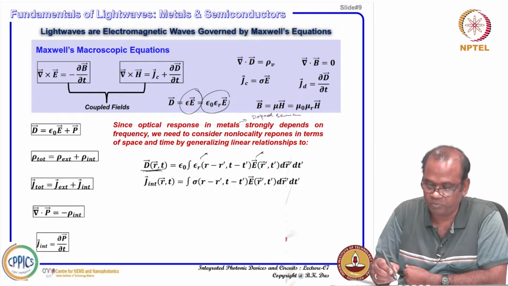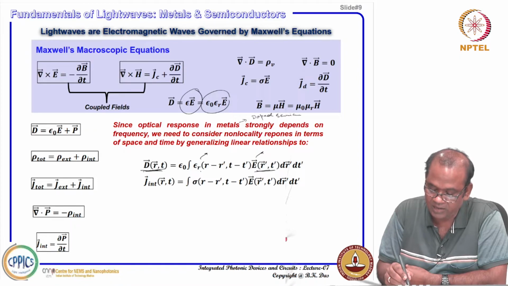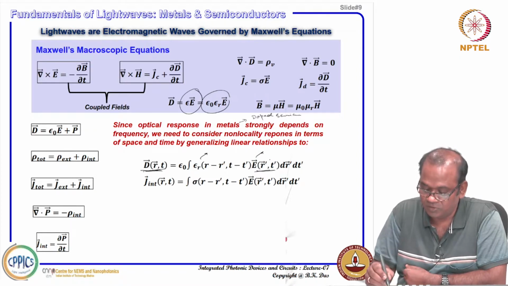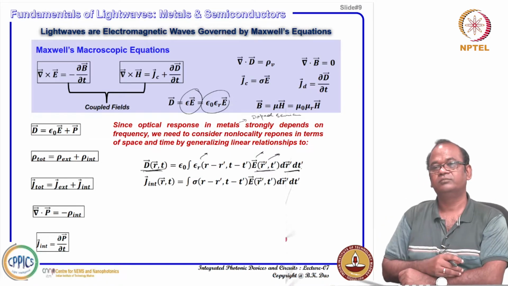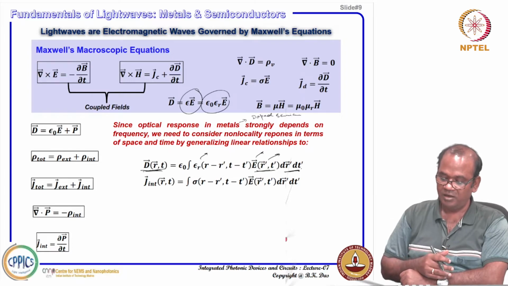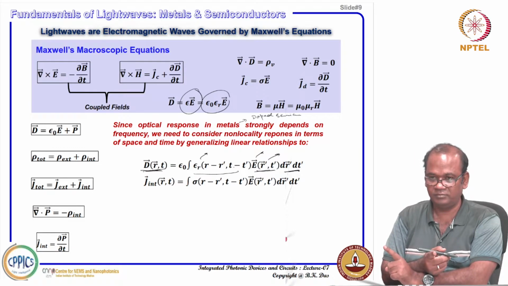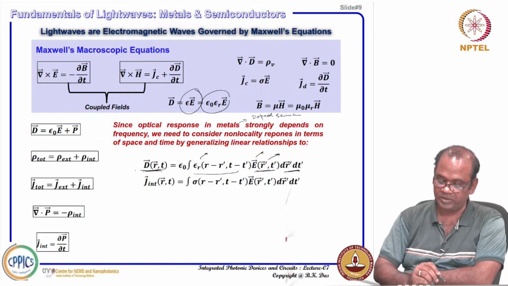The electric field at every other point also contributes. So r prime and t prime are the variables I am integrating over. You integrate over all positions and times, so you have to take a convolution, and then you get the displacement vector.